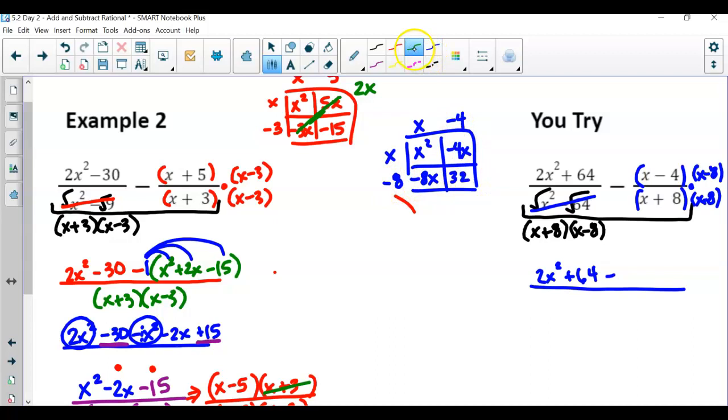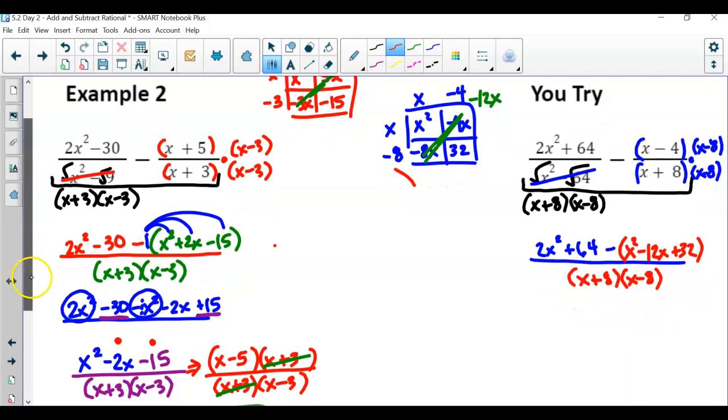Then combine like terms. Negative 8x minus 4x, or plus negative 4x, is negative 12x. Here in this numerator, that means we're subtracting x squared minus 12x plus 32 over x plus 8 times x minus 8.